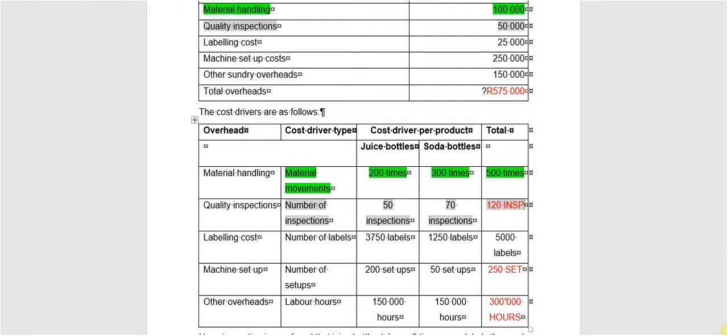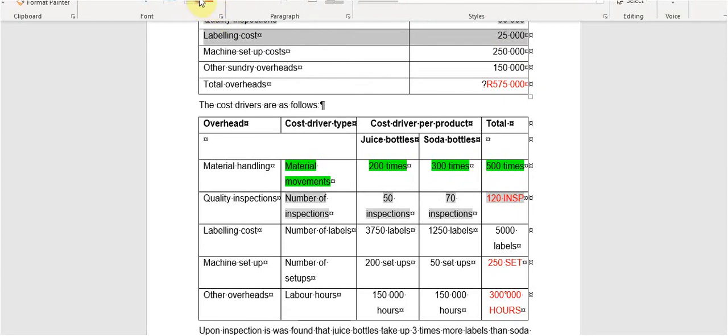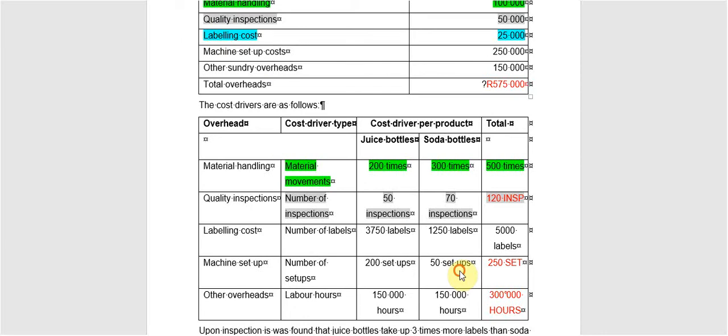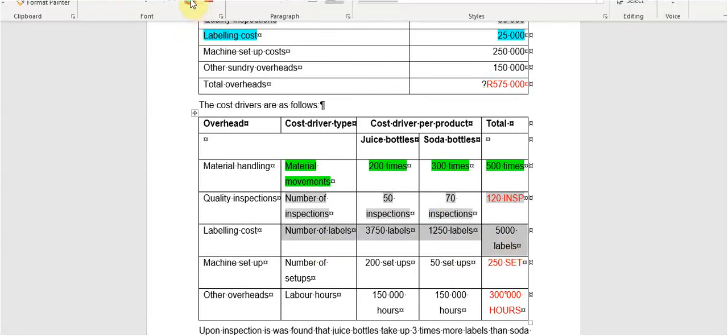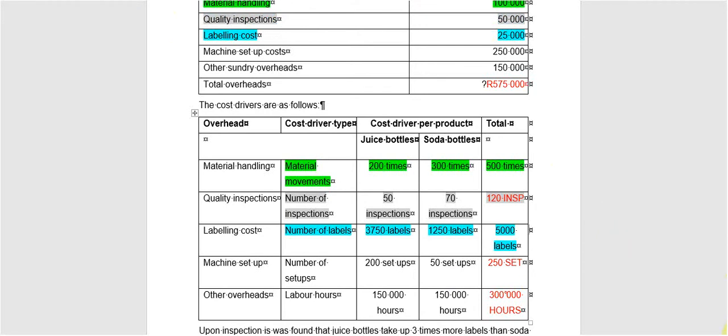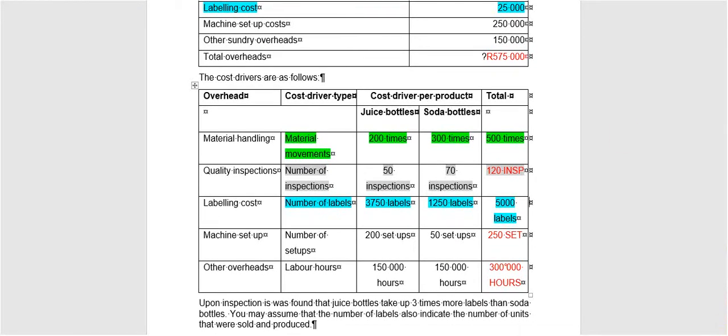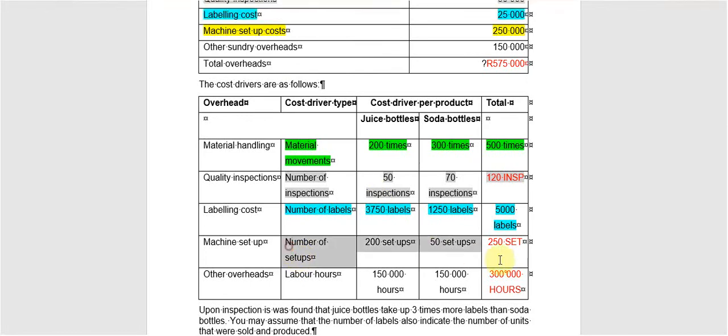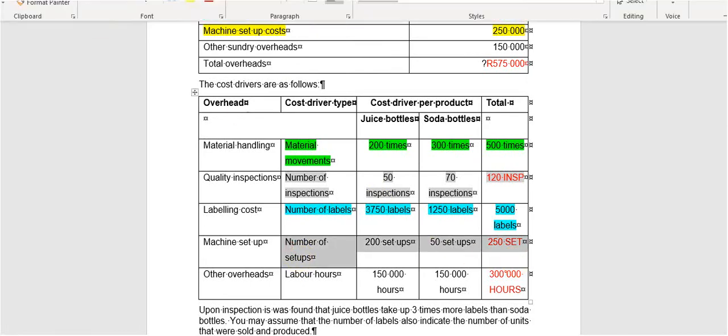Then we have labeling cost, the 25,000 rand. I am going to highlight that one in, let's make it that turquoise, and then I will also highlight the number of labels in turquoise because that is the complementary cost driver. For the machine setup costs, I am going to highlight that one in yellow. And then of course the setups will go with the machine setup costs because that's the cost driver.